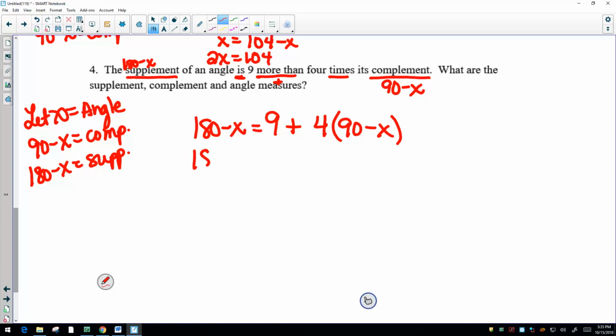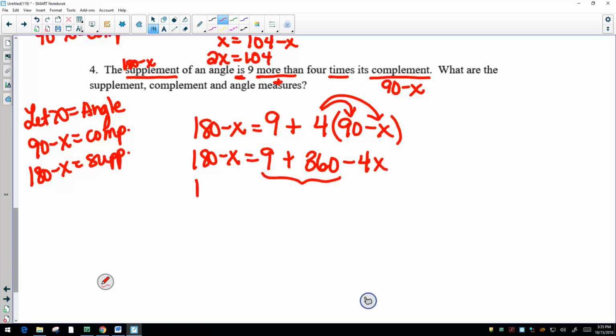So the first thing we'd want to do is simplify the right-hand side by distributing this 4 to both parts of our factor. So 4 times 90, we're going to have 360, and then 4 times negative X is negative 4X. We're going to combine the 9 and the 360. So we have 369 minus 4X.